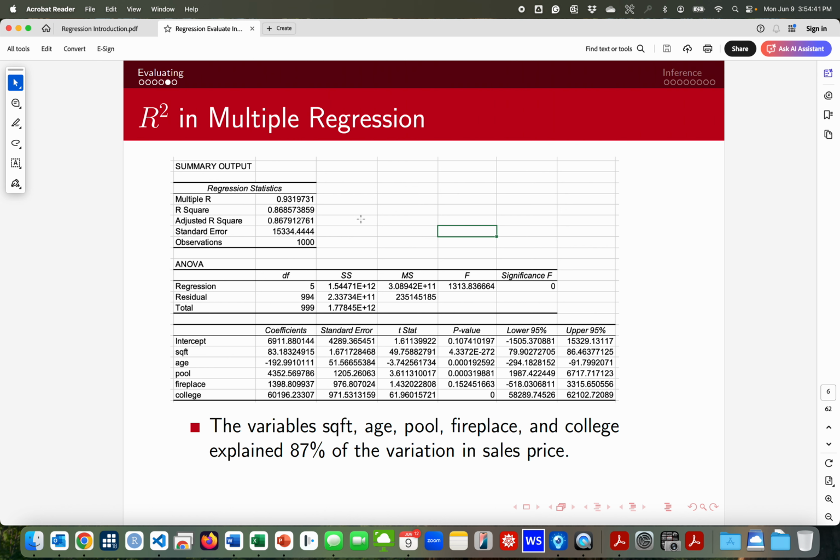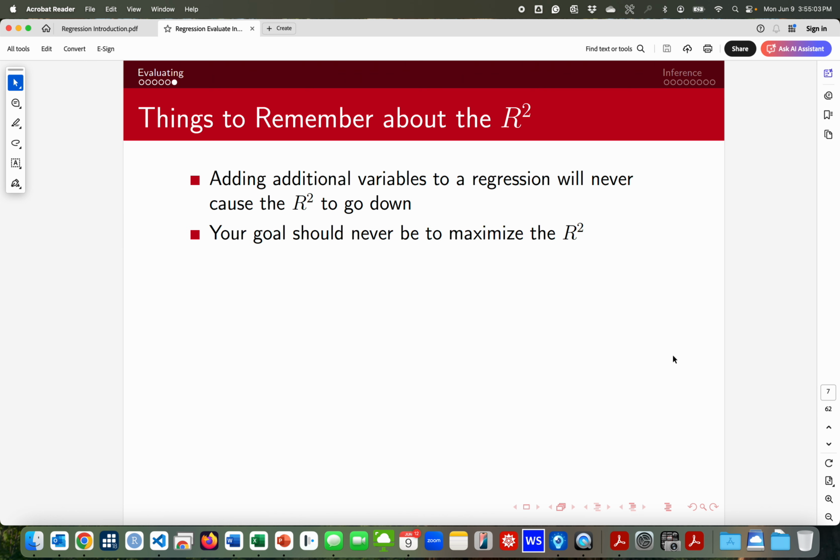Adding more information cannot harm the R square. It cannot cause it to go down. It may not cause it to go up, but it cannot cause it to go down. Because the worst that new variable does is explain no additional variation. The best possible scenario is it explains the rest of the variation, but that's unlikely.